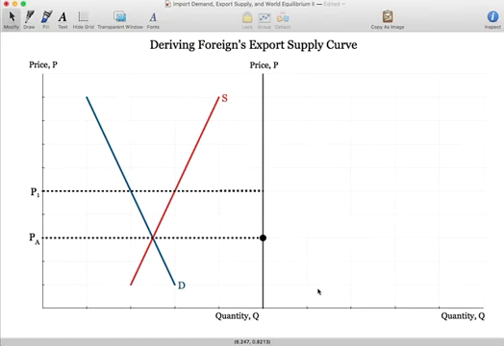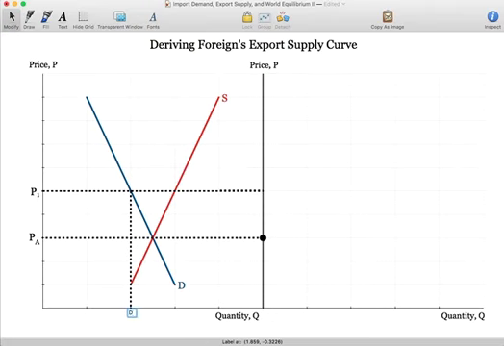So at P1, if we take a look at this, we see that as the price goes above the domestic equilibrium, domestic quantity demanded is decreasing, and the domestic quantity supplied is increasing. So at this higher price, there is going to be a supply of exported goods. And we can calculate this by going from that price straight down from the demand curve.